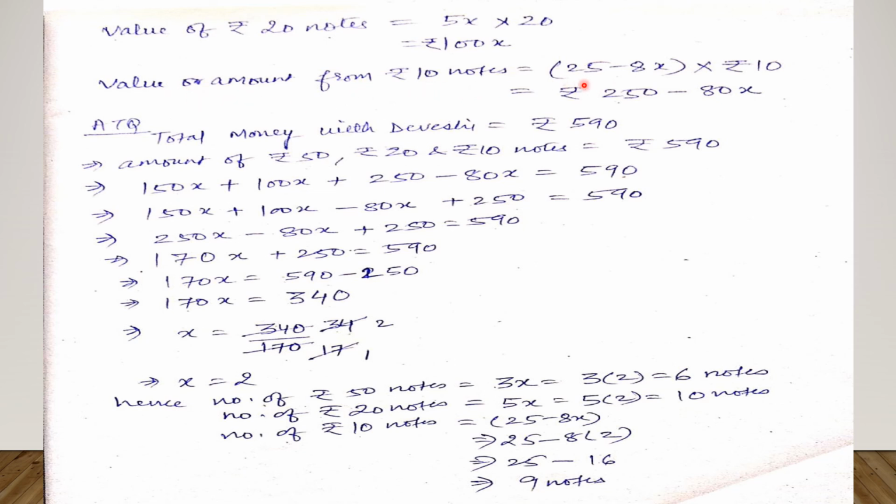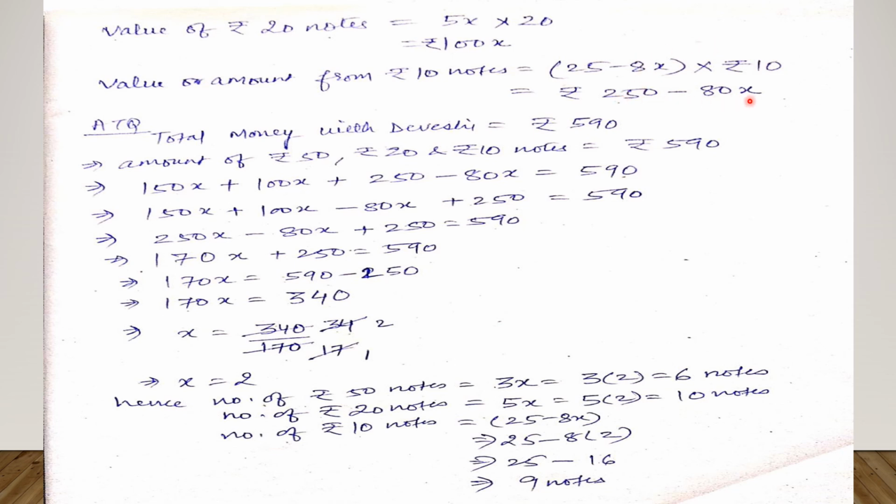It is the number of 10 rupee notes, that is 25 minus 8x, multiplied by its value, that is 10 rupees. It is equal to 10 twenty-fives are 250 minus 10 eights are 80x. Simple property known as distributive property, due to which this 10 gets multiplied with 25 as well as 8x. We have got this thing.